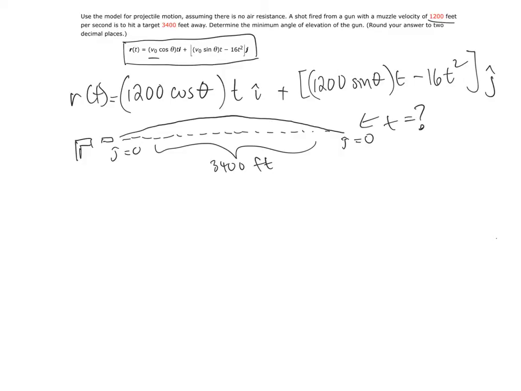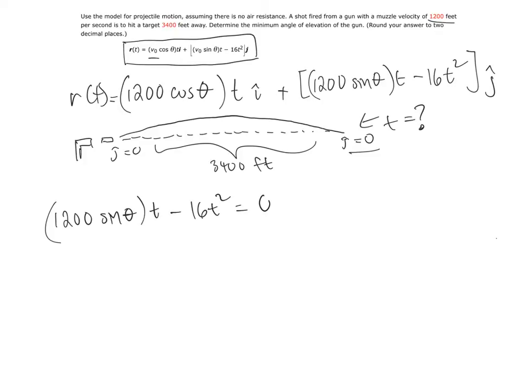This is when j equals 0, so you can set the j component equal to 0. So 1200 sine theta times t minus 16t squared equals 0, and you can solve for t.